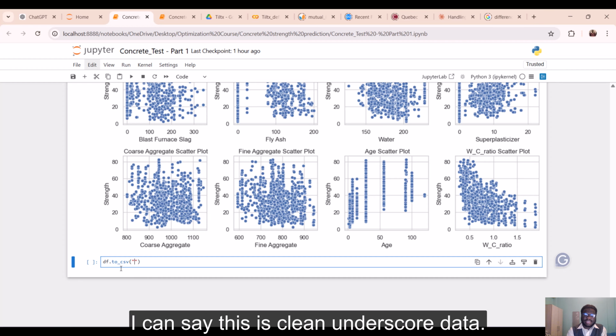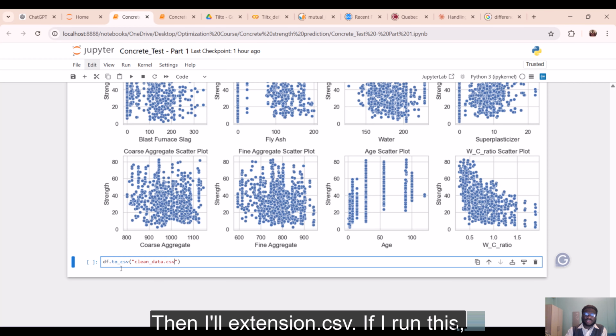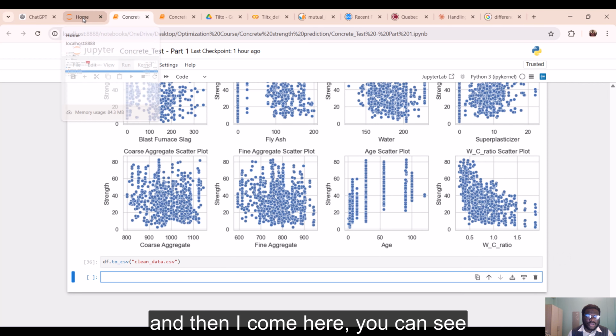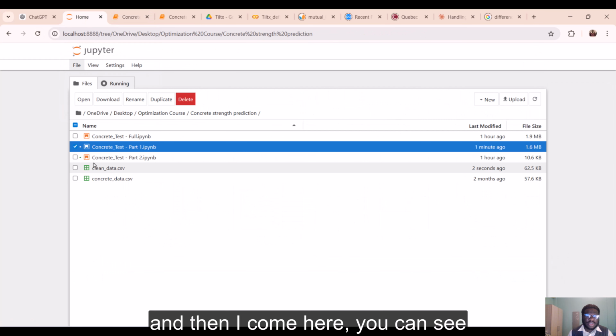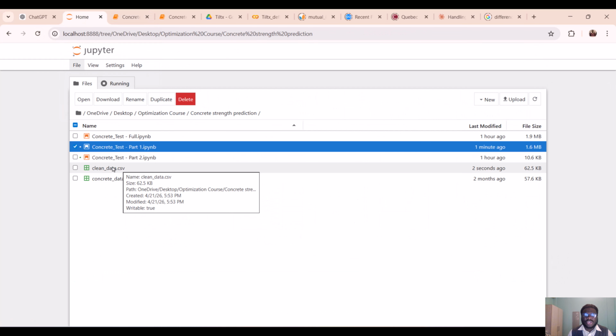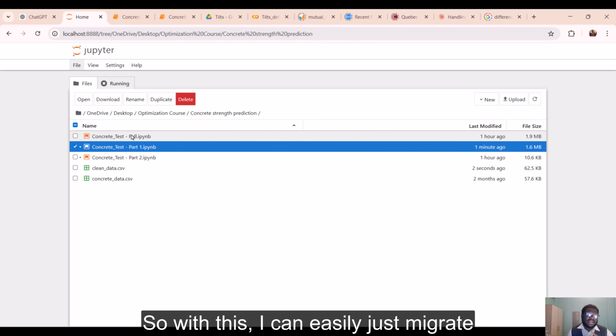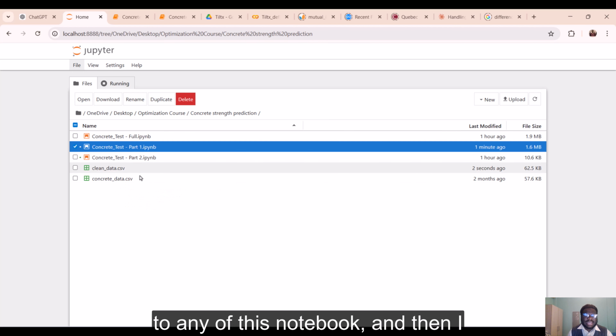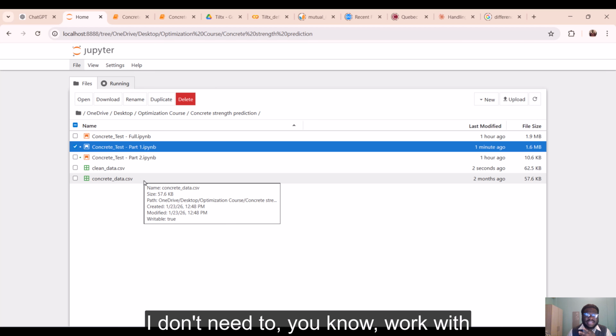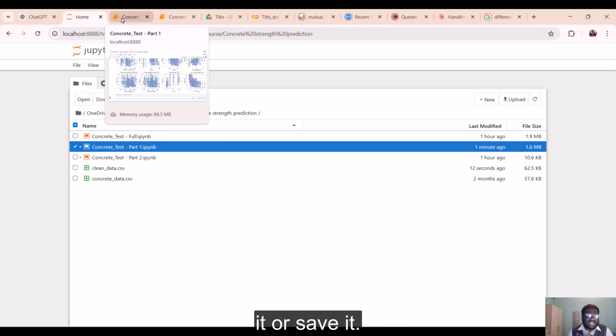I'll call it clean_data, with the extension .csv. If I run this and come here, you can see now I have that data. With this, I can easily migrate to any notebook and run it as a CSV. That's quite better, all right?